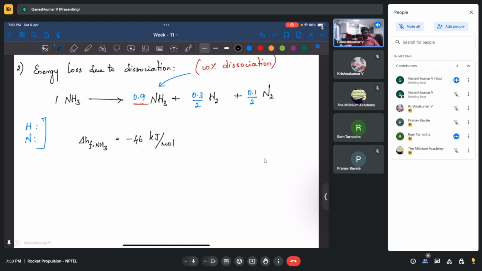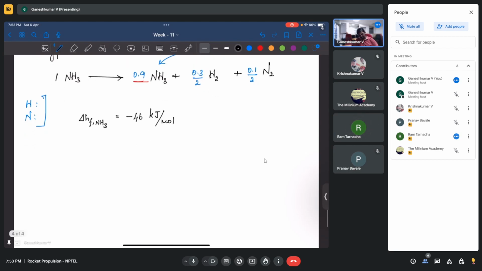What we should actually do is an enthalpy of formation balance between the right-hand side and the left-hand side. Intuitively, as you said, only 0.1 times 46 kilojoules is the amount of energy lost. But let's do it in a systematic way.